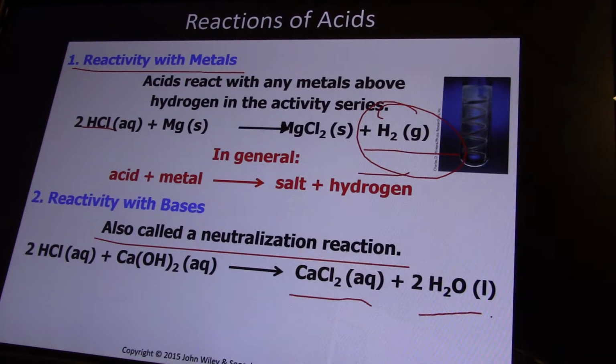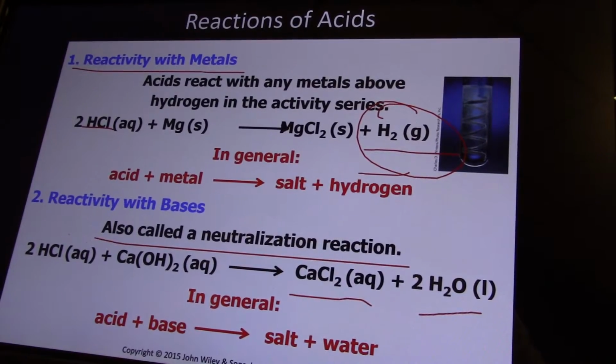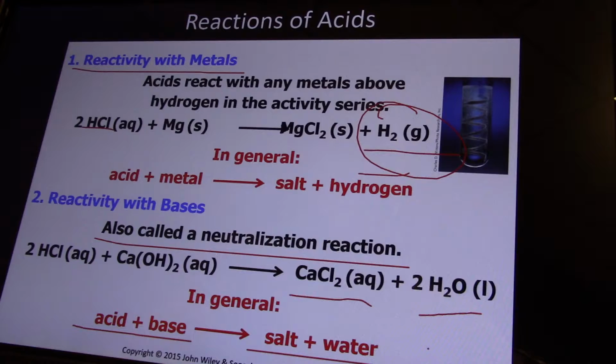The H pluses and OH minuses come together as water, so you end up with super pure water, like 100% pure water. So again, for neutralization reactions, acid plus base forms a salt and water.